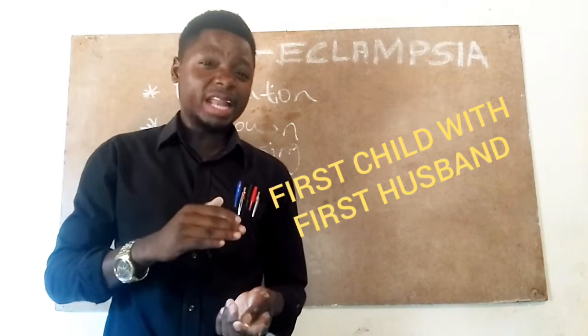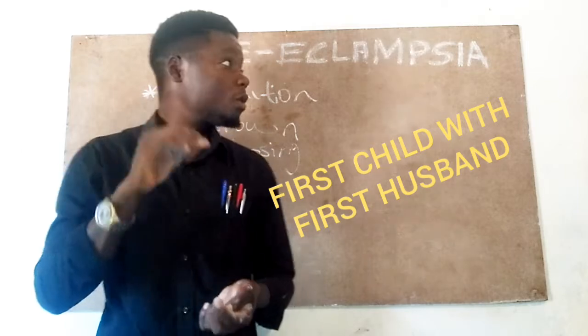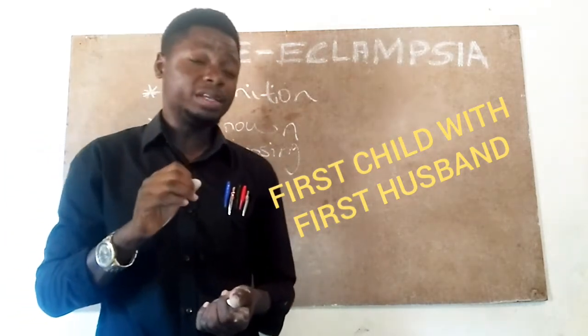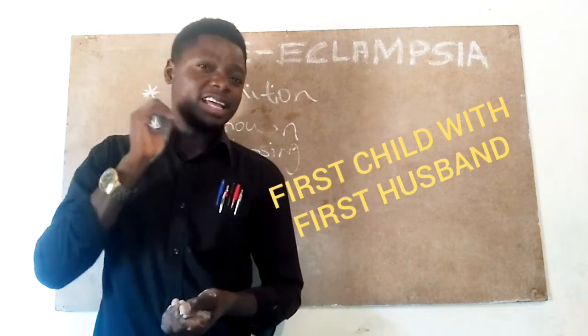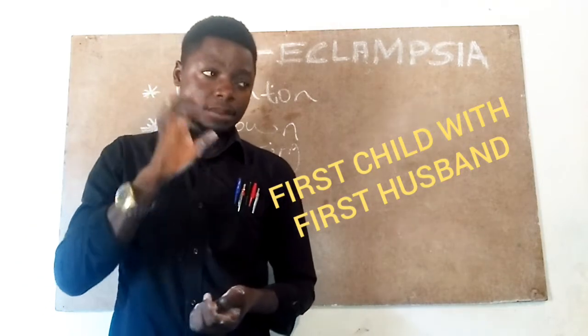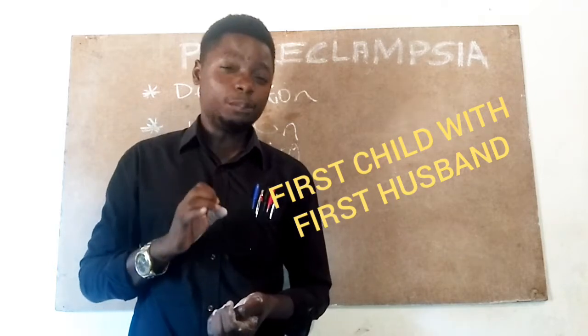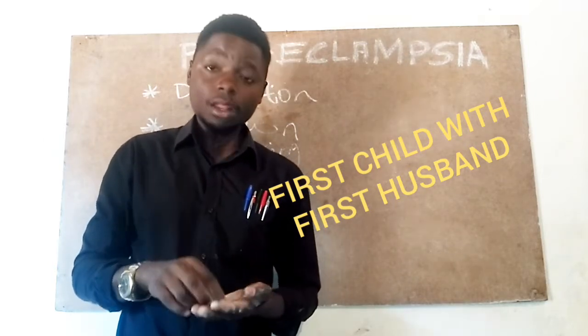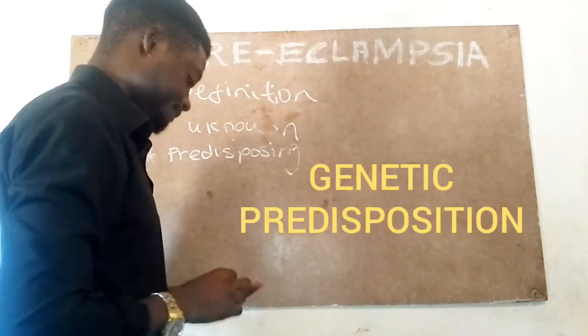Studies are still being carried out about how that can predispose the woman to preeclampsia, but it's one of the most current researches that has come up. So those are some of the predisposing factors to preeclampsia.